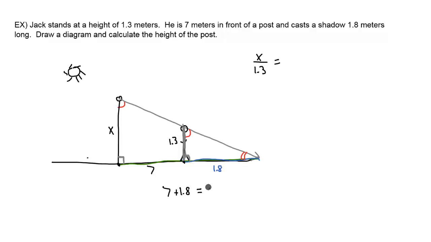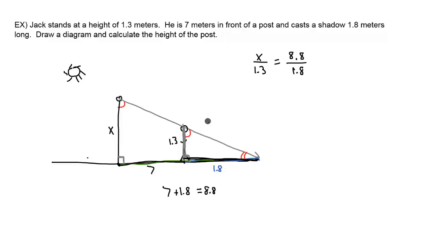That's going to give us 8.8, and that's going to be from this point here all the way back to the post, 8.8 meters. So that goes in the top, and then we divide it by the side of the smaller triangle that it corresponds with. So the bottom part of the smaller triangle is just this little section, 1.8.